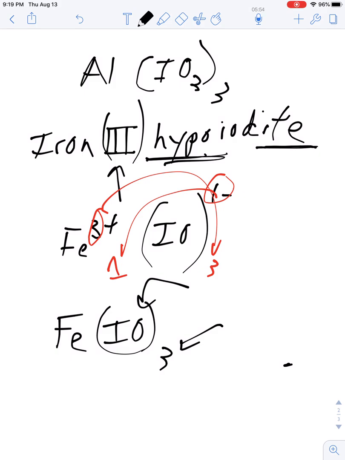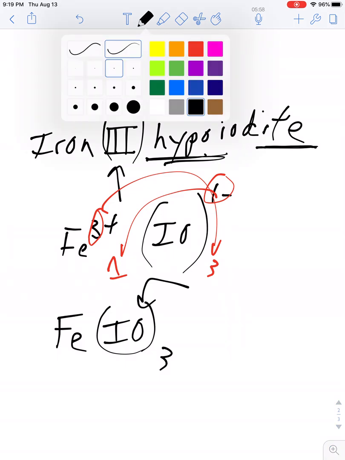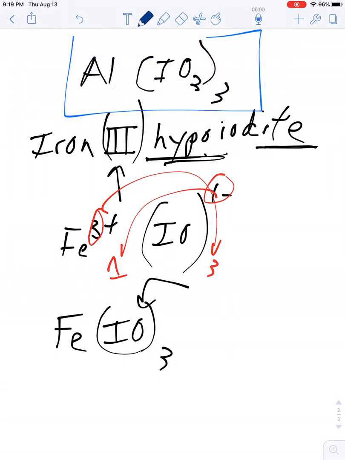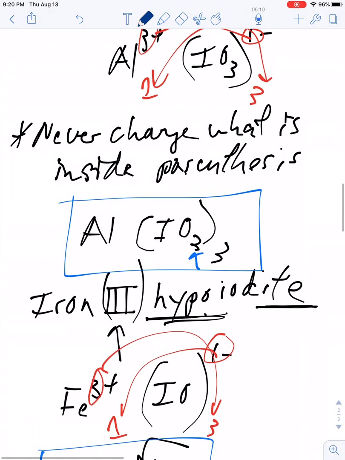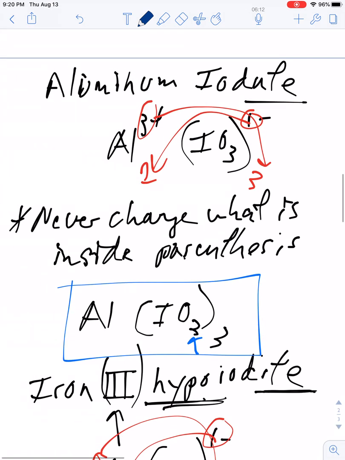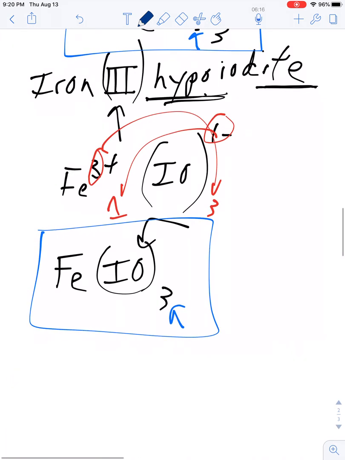So look at the difference between this formula and this formula. Here there's a 3 on the inside, here there's a 3 on the outside, and that's why the top one is aluminum iodate, and the one down here is iron hypoiodite.